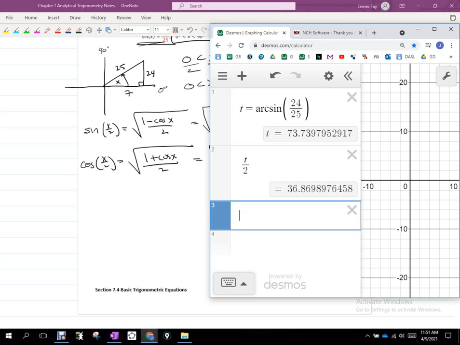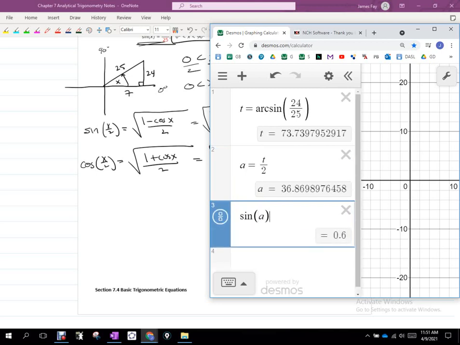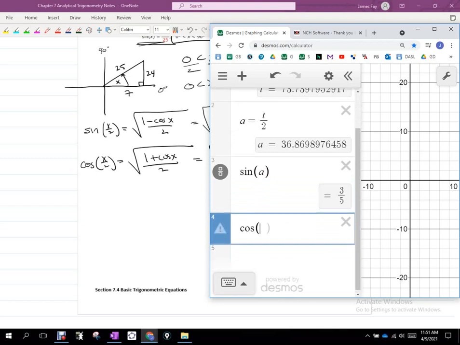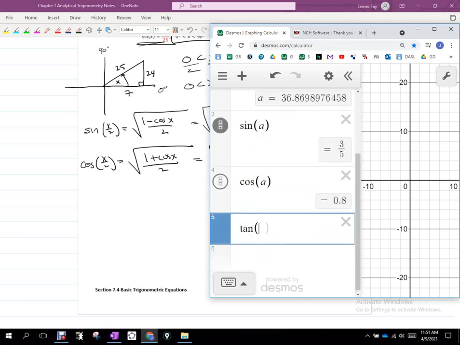So if I'm going to call this A for easier input down here, and I go sine of A, is that 3/5 right there? If I toggle the fraction thing, you get the actual fraction 3/5, right? Cosine 4/5. Tangent 3/4.